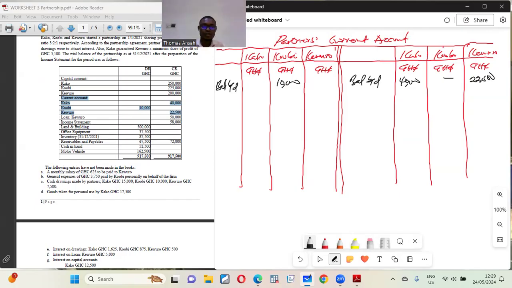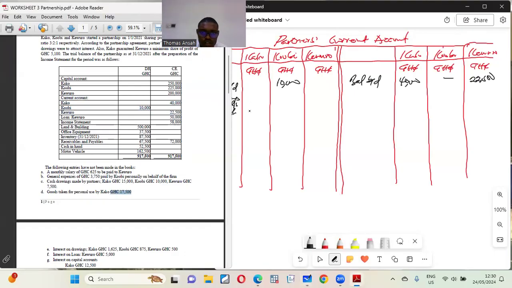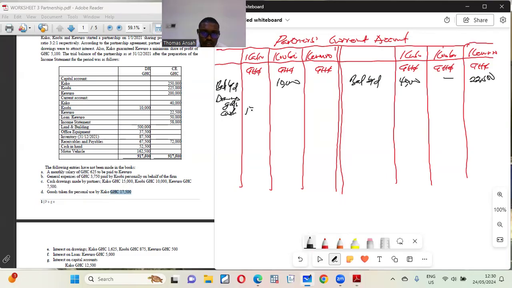All right. Then what do you remember? Drawings, right? The drawings they did. They did drawings for goods and cash. So for the goods drawing, only Kako did it. So Kako, 17,000. Oh, I'm putting it under cash.